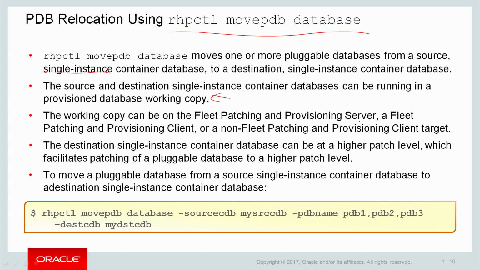And to move a pluggable database from a source single instance container database to a destination single instance container database, well, here we have it, RHPCTL move PDB database. The source CDB is this one. Which PDBs are we moving? We're moving 3 PDBs here, 1, 2, and 3. And the destination CDB is my destination CDB.